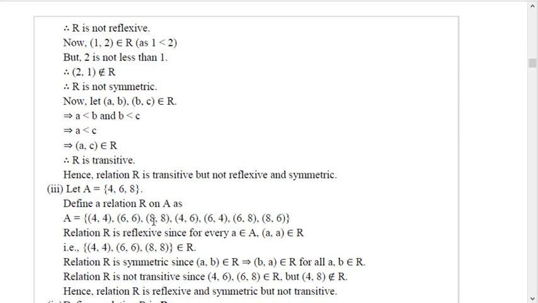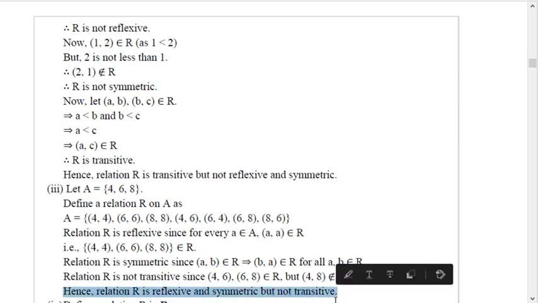Next relation: we have to find a relation R that is reflexive and symmetric but not transitive. See here, for reflexive all the elements exist, meaning (4, 4), (6, 6), (8, 8).